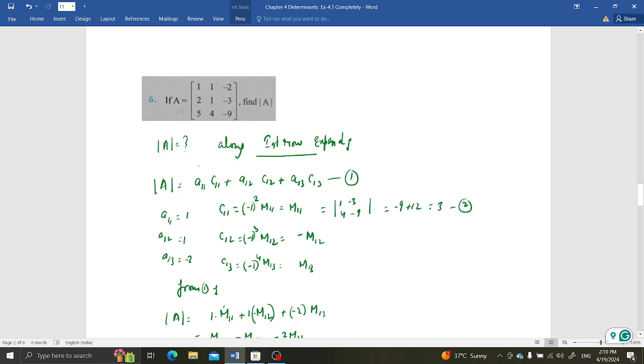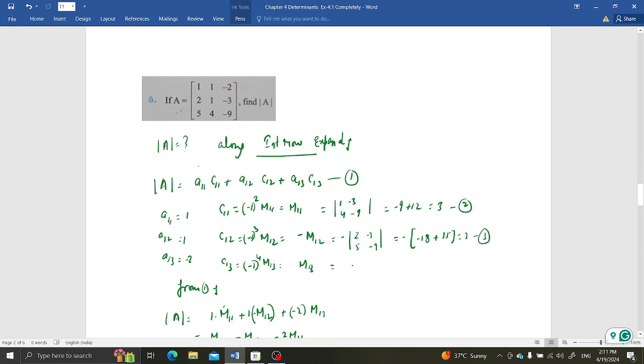This is your second equation. Now for the first row, second column, you need to remove them. We get 2 minus 3 5 minus 9, minus 18 plus 15, so we also get 3. That is the third equation.